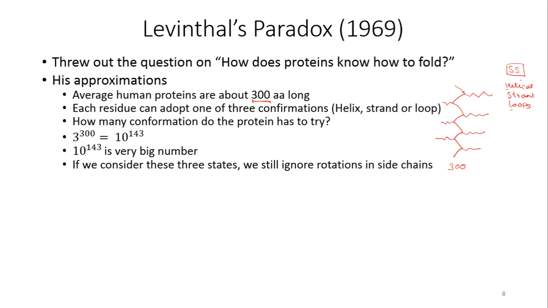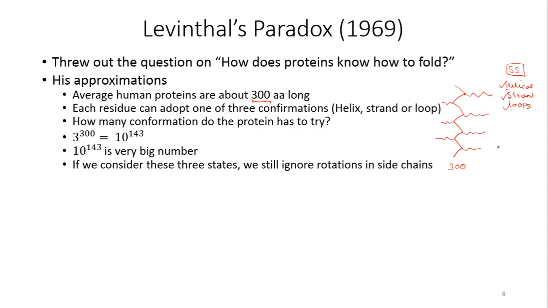Each and every residue present in your protein can adopt one of the three secondary structural states. Now, if we go by simple mathematics and calculate how many conformations the protein might have to try in order to acquire the functional state, the mathematics is quite simple.